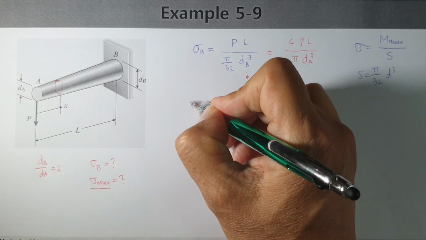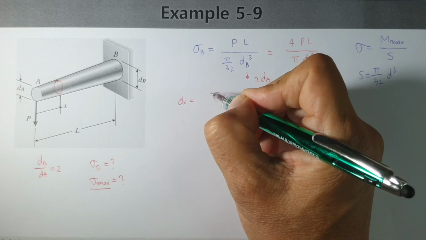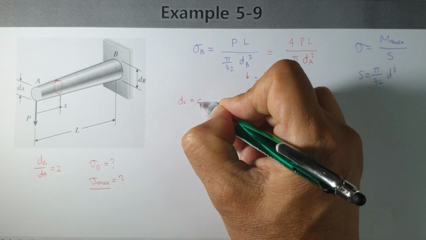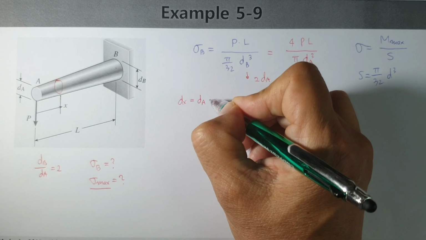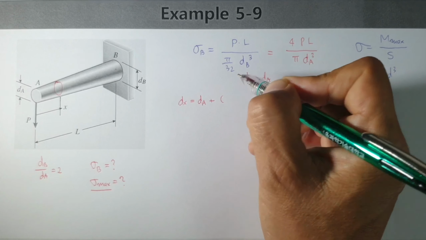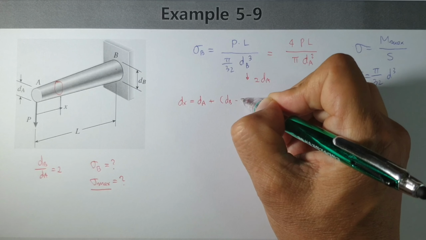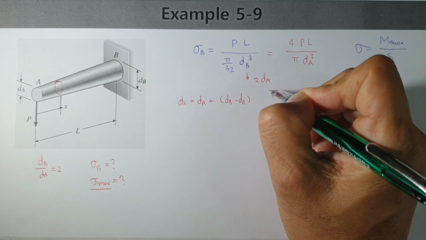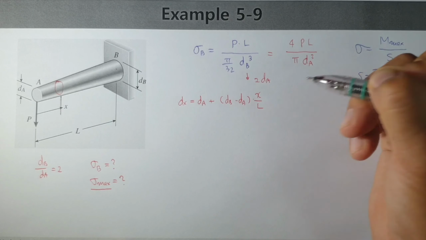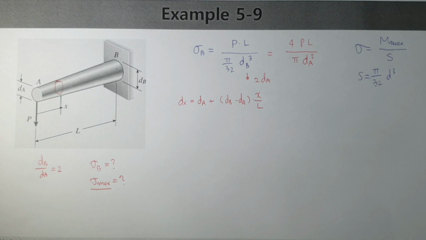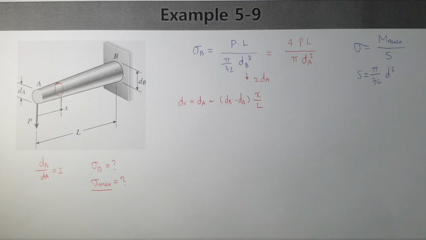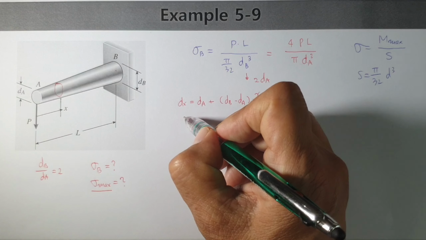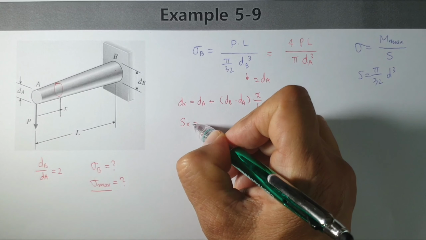The diameter dx equals, as we've already dealt with last time, dA plus (dB minus dA) multiplied by x over L. In the case of torsion, we considered this kind of relationship. And the section modulus Sx equals what?